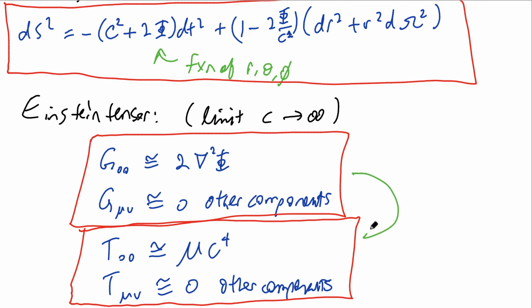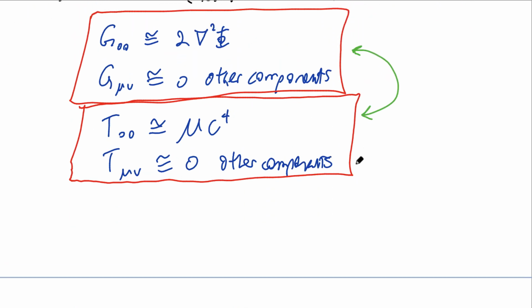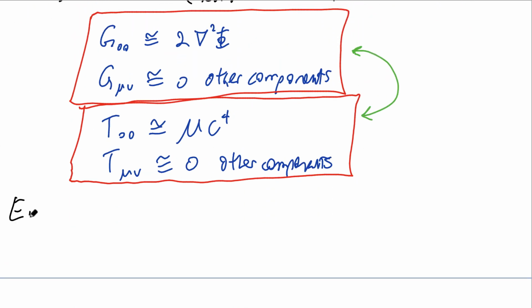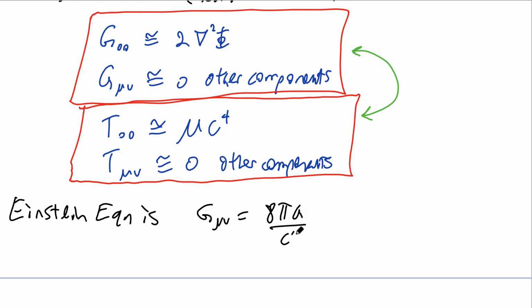So putting these results together, what does the Einstein equation tell us? Well, the Einstein equation is G mu nu equals 8 pi G over c to the 4th times T mu nu.